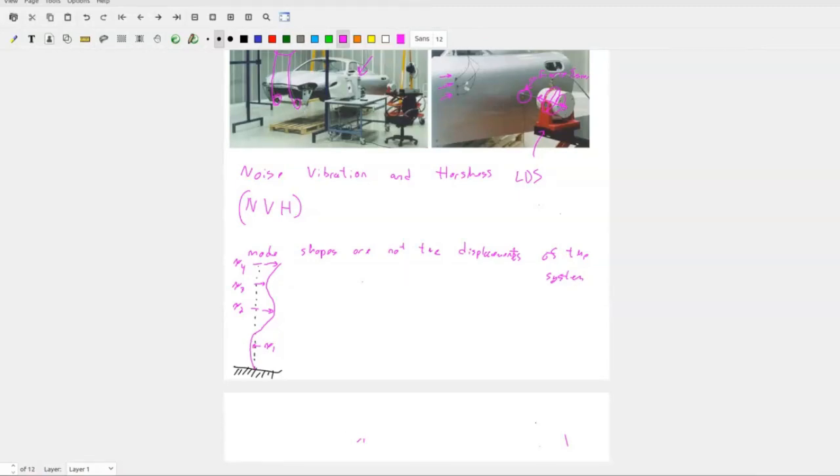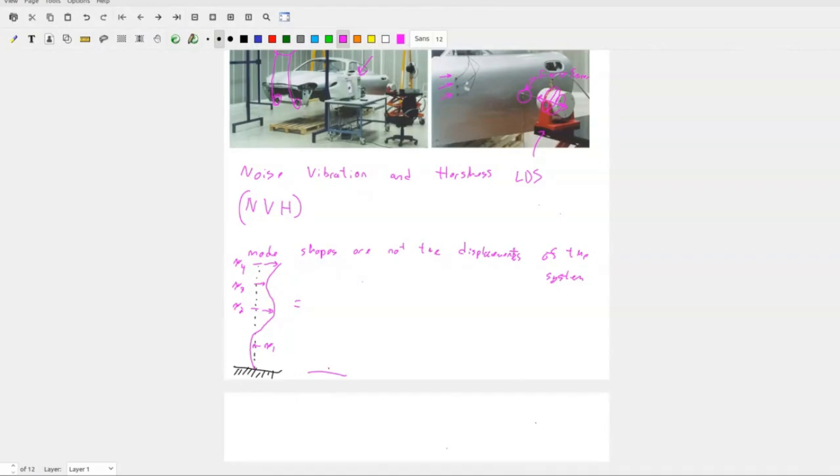Now remember, mode shapes are not the displacements, but these x's are the actual displacements along my beam. Now, those displacements are equal to, let's say, a system that can be expressed by the first 4 modes. So let's draw the first 4 modes of the system.